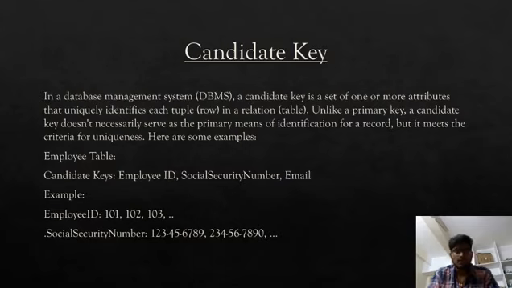But unlike the primary key, a candidate key does not necessarily serve as the primary means of identification for a record, but it meets the criteria of uniqueness. In an employee table of an organization, the candidate keys would be employee ID, social security number, and email ID, etc.